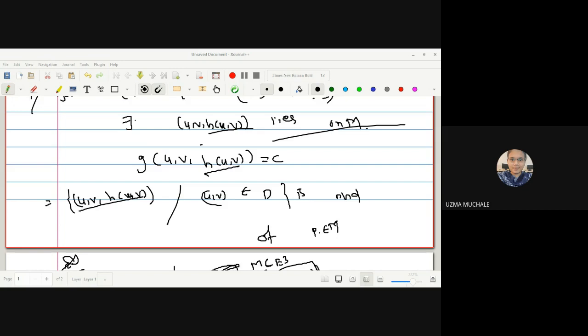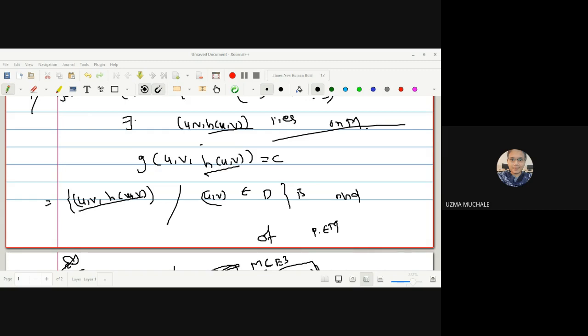This function x from D to E3 defined by x(u,v) equals (u, v, h(u,v)) is working as a Monge patch, since P was our arbitrary point we have chosen for a surface M. If we are able to find this for an arbitrary point P on a surface M, that for every point in D, which is a subset of E2, we can find the image such that the set of all those points (u, v, h(u,v)) will be working as a neighborhood of a point P, then for an arbitrary point we have proved it.